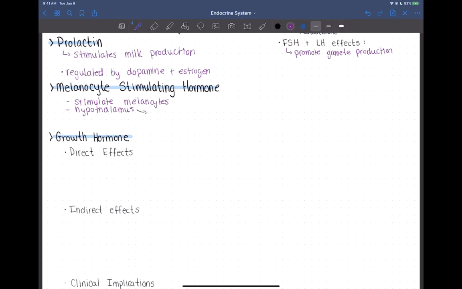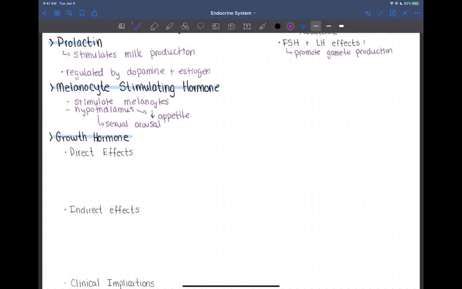It also contributes to sexual arousal, through its activation of the hypothalamus. So that's melanocyte stimulating hormone.